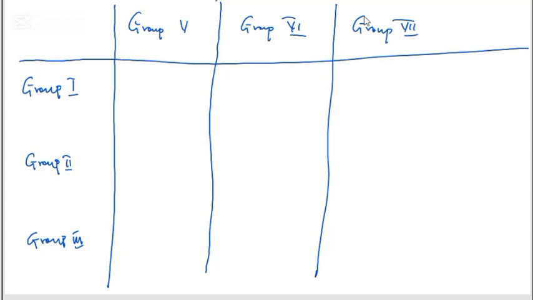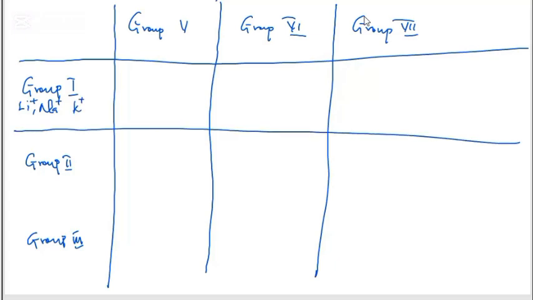So what do we have here? First we have lithium, sodium, and what? Potassium. This is your own assignment to make sure you complete this table.